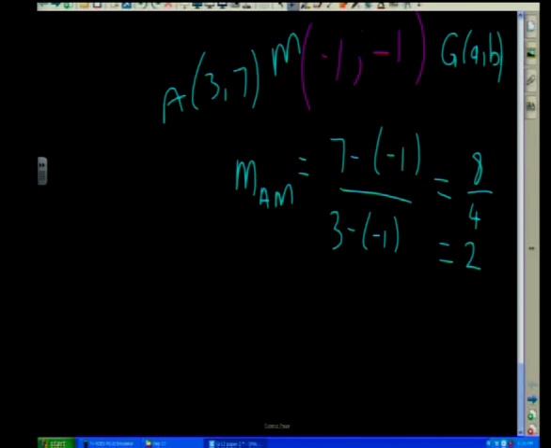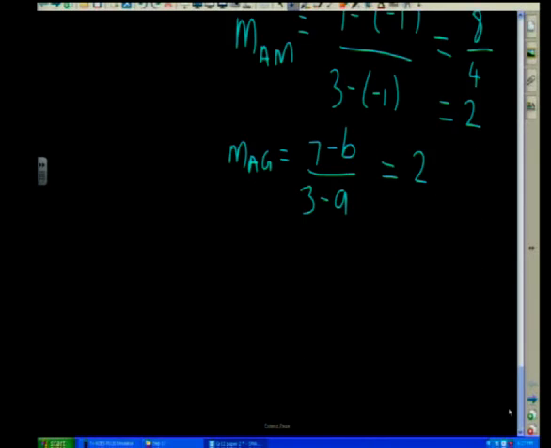Working with the gradient from A to G, in terms of A's and B's, we get the gradient as 7 minus B all over 3 minus A. Do you see what I've done? That gradient is going to be equivalent to the gradient of AM.